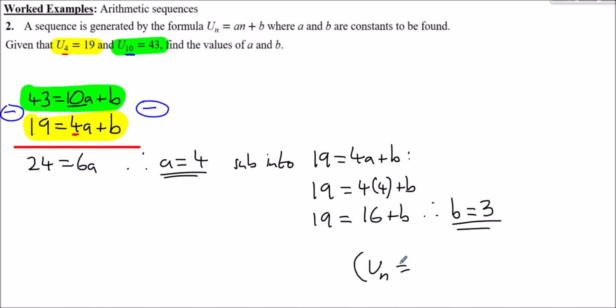So we have that un is a times n, so that's going to be 4 times n, apologies. a is 4, so 4n plus 3. So that's that one done. So a is 4, b is 3. That's the sequence. Let's have a look at one more, and then it's over to you to try some.